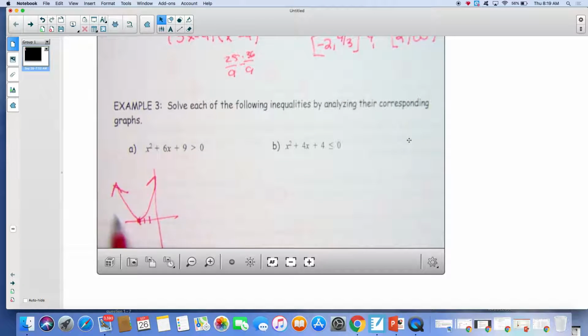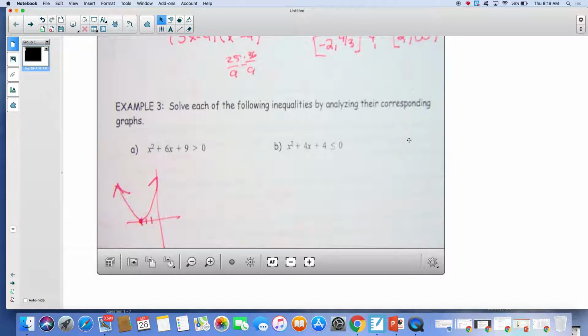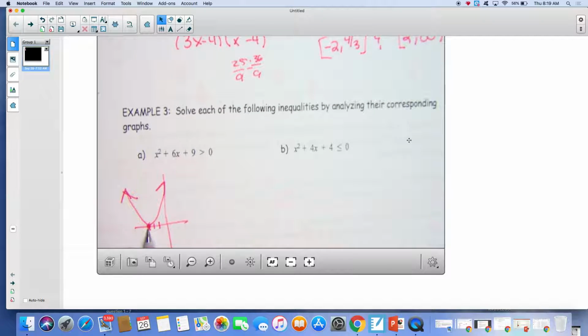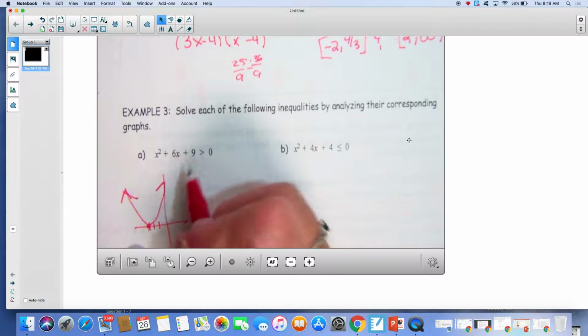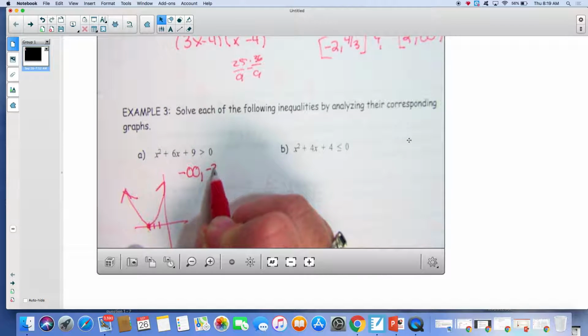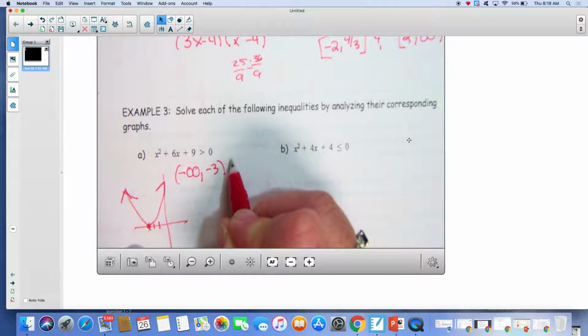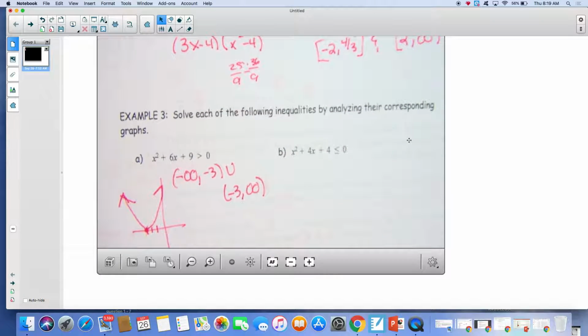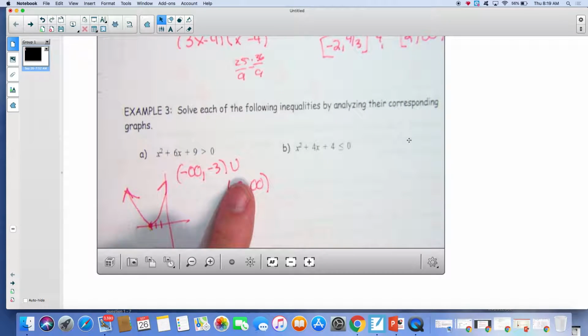So when is this graph greater than 0? It's always greater than 0, but at the vertex, it's not. So this value is going to be from negative infinity to -3, don't include -3, and then -3 to positive infinity. All x's work except for that -3. This is the union sign.